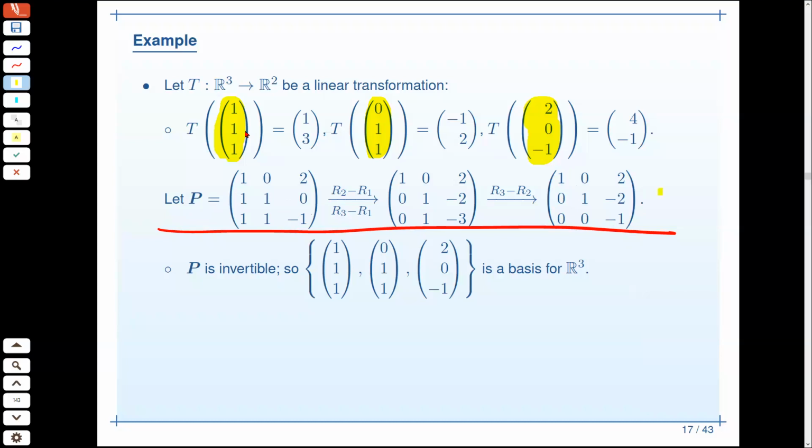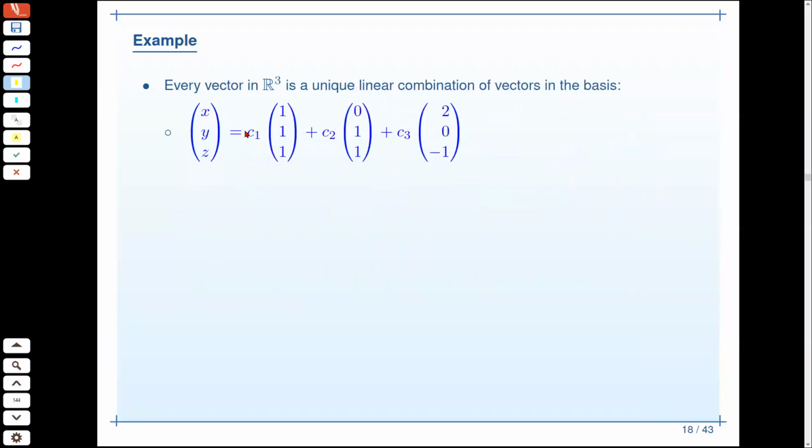So next, I want to evaluate the standard matrix. Just use what we did just now. Every vector is uniquely written as a linear combination of the vectors in the basis: C1 times U1 plus C2 times U2 plus C3 times U3, which is the matrix P multiplied with C1, C2, C3.